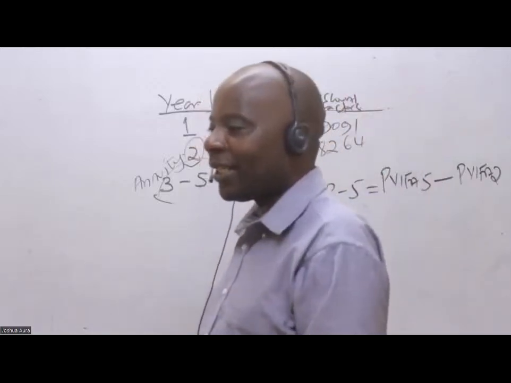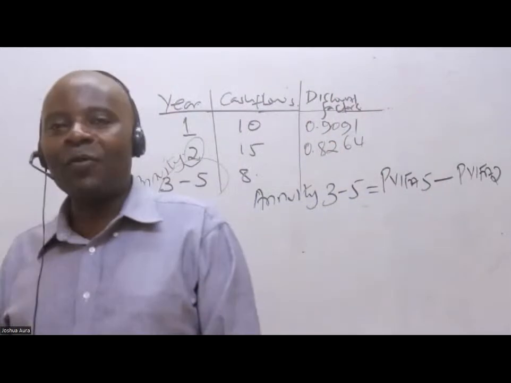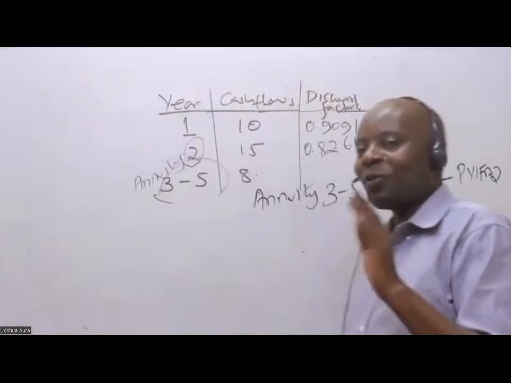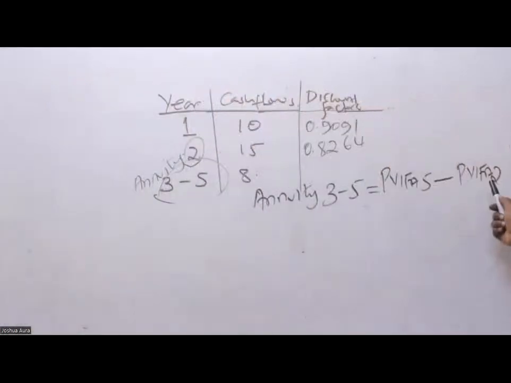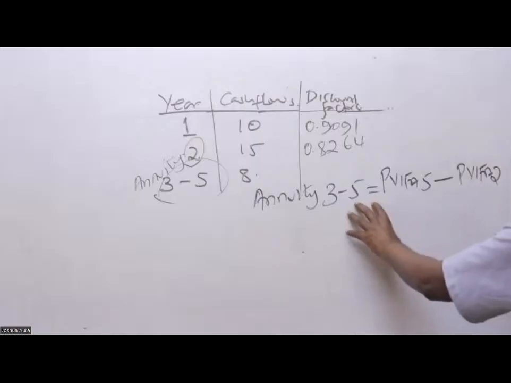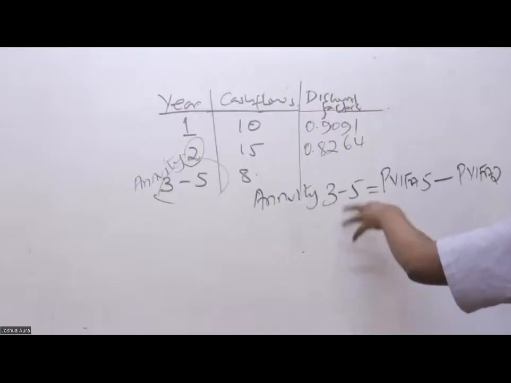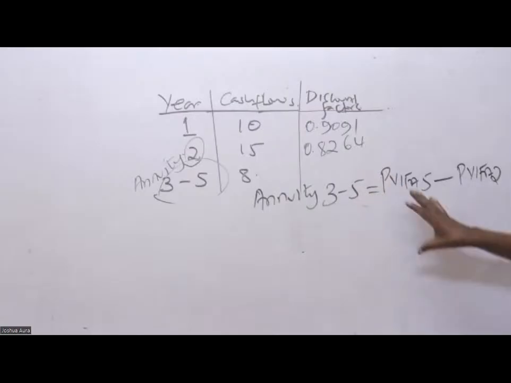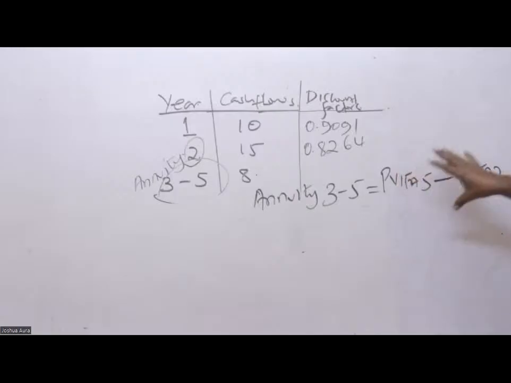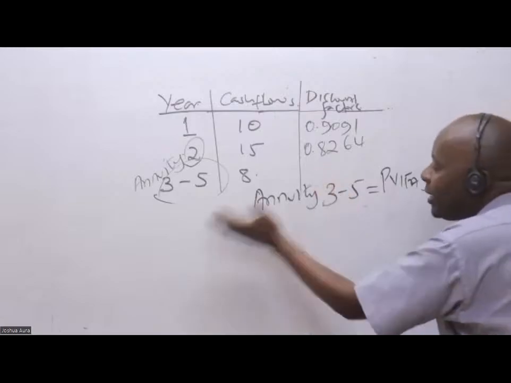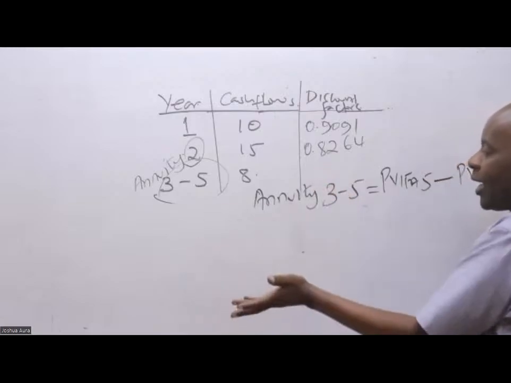If the sorcerers from your home area are very strong, you'll get somebody saying minus PV for 3, so they subtract a wanted year. The wanted years are 3 to 5. So I'll always pick the PV for 5 years, the upper limit, which is not disputable, minus PV for the unwanted, which is 2.